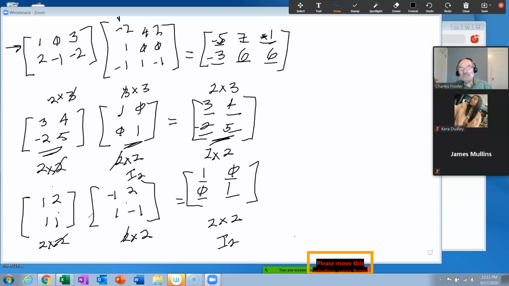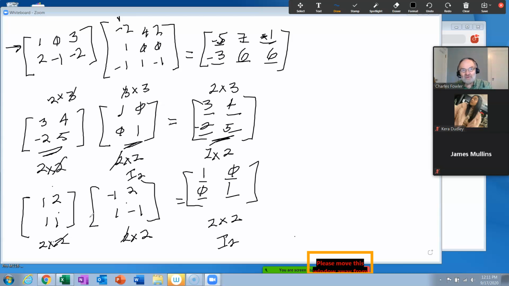Those are multiplicative inverses of each other. Now we have matrix inverses. It's a bit bizarre because, frankly, they don't look like they're inverses of each other, but they have to be.